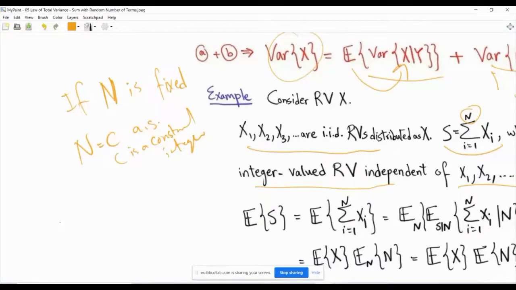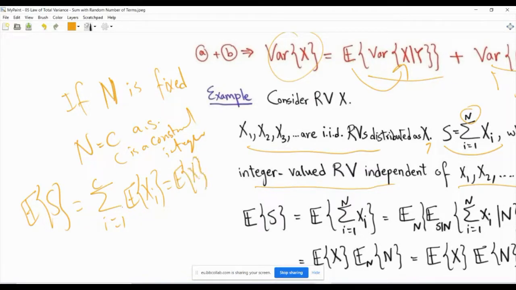Okay, then what is the expected value of S? Well, expectation is linear, and so this will be the sum from i equals 1 to c of the expected value of x_i. All of them have the same distribution as some random variable x, so this is the expected value of x multiplied by the number of terms in the sum, which is c. What is the variance of S?